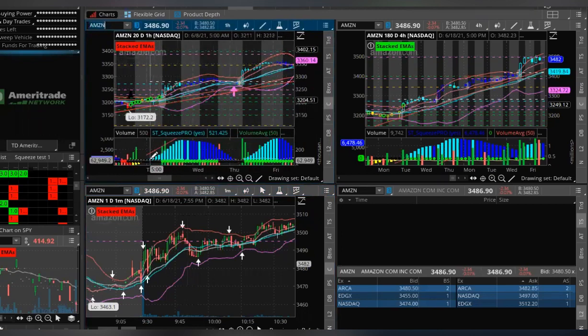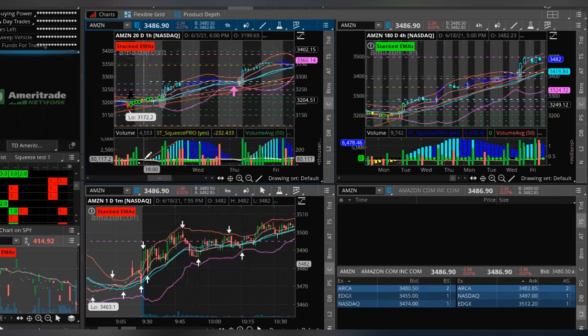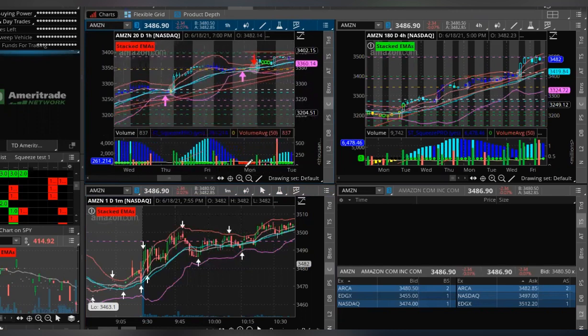Tight range, bullish divergence, squeeze, explosion. This is Amazon, guys. Once again, squeeze, tight range, bullish divergence, explosion.